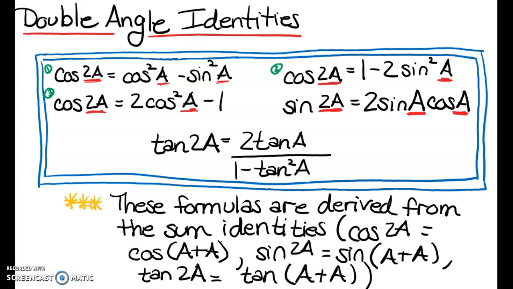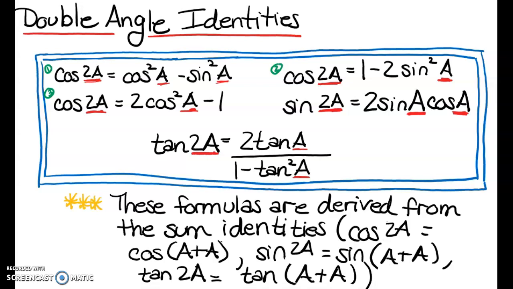All right, and then tangent of twice an angle equals 2 tangent of the angle over 1 minus tangent squared of the angle. So sine and tangent only have one identity. Cosine of 2 times an angle has 3 that you can pick from.